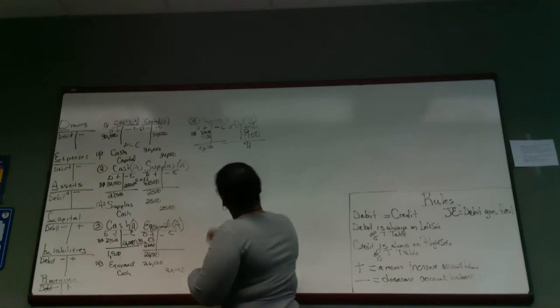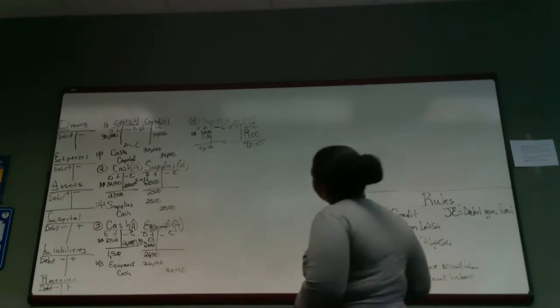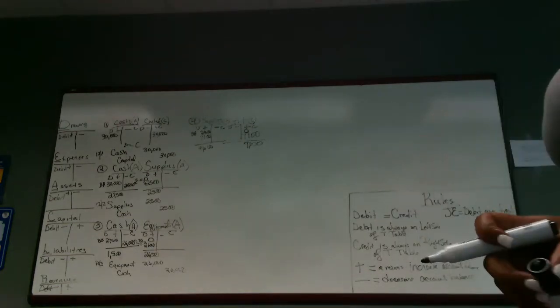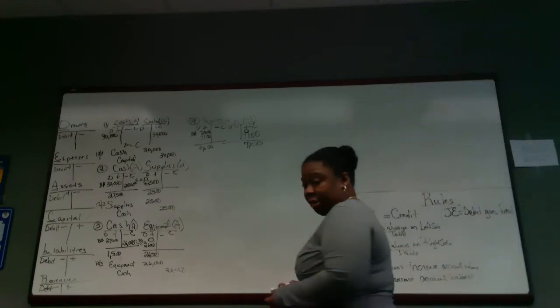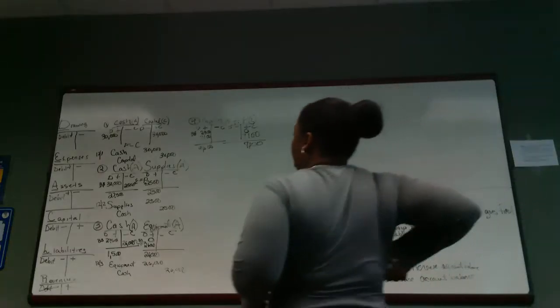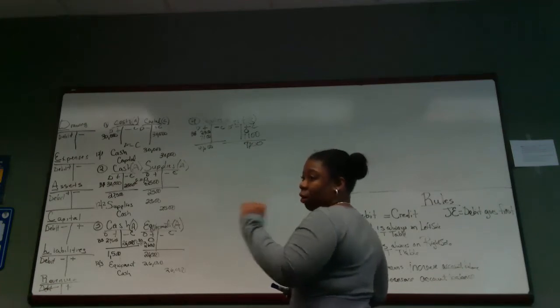So if that's the case, are my debits and my credits equal? What was my debit in this transaction? It's just this transaction. Each transaction, my debit must equal my credit.